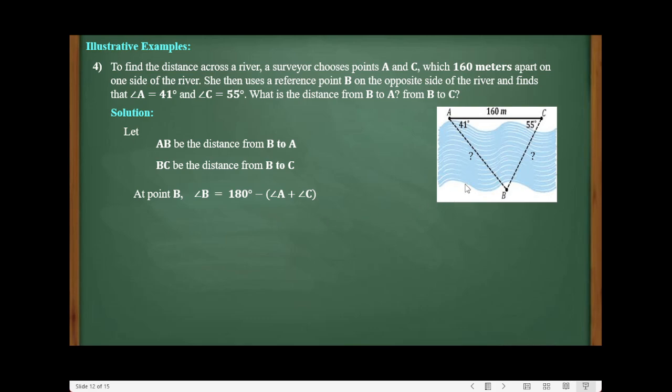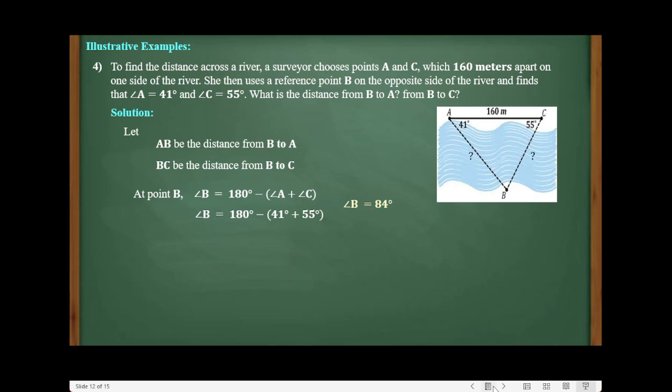To get the measure of angle B, we simply subtract the sum of angles A and C from 180 degrees. In this case, B is equal to 84 degrees.